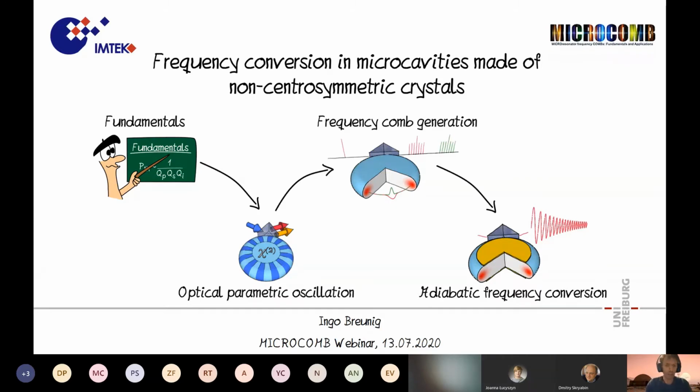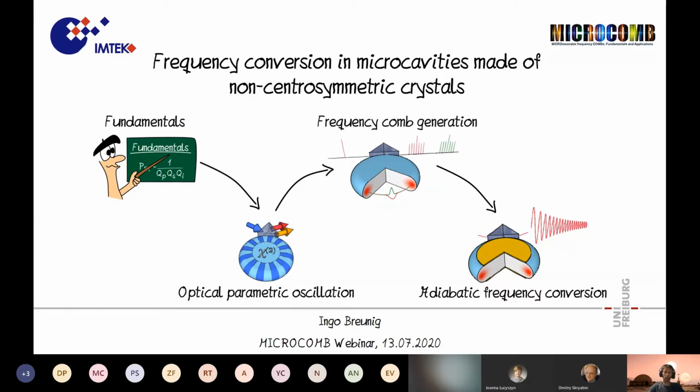So as Dimitri already indicated, the topic of my webinar presentation is frequency conversion in microcavities made of non-centrosymmetric materials. So we are talking about quadratic nonlinearities here. I will start with some brief fundamentals, and then I will talk about three different kinds of frequency conversion.